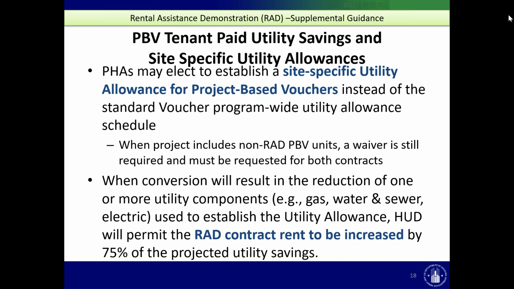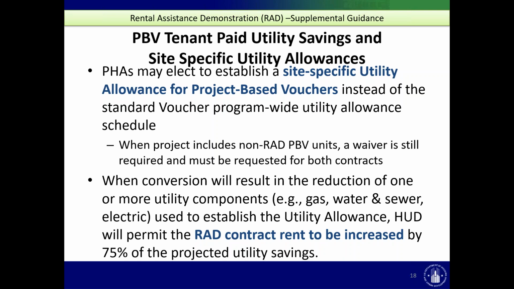It's useful to have a site-specific utility allowance in its own right, but it's particularly useful for RAD because when a conversion will result in the reduction of one or more utility components that are used to establish the utility allowance, HUD will permit the RAD contract rent to be increased by 75% of the projected utility savings.